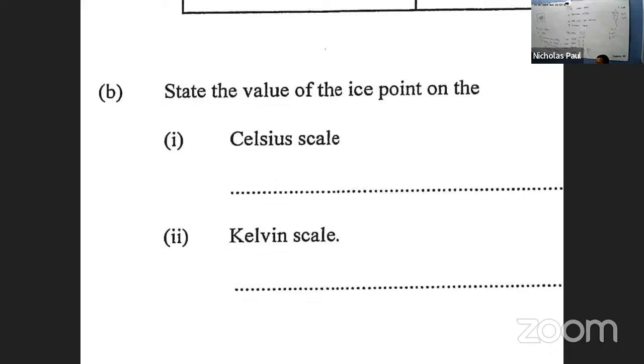Probably 1 mark each. I can't remember. 2, was it?